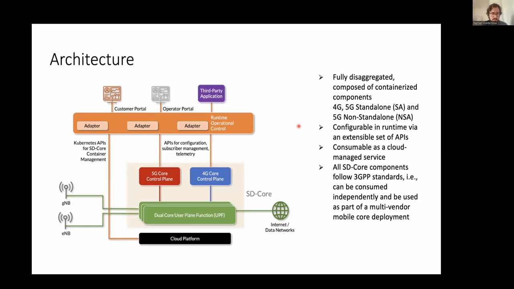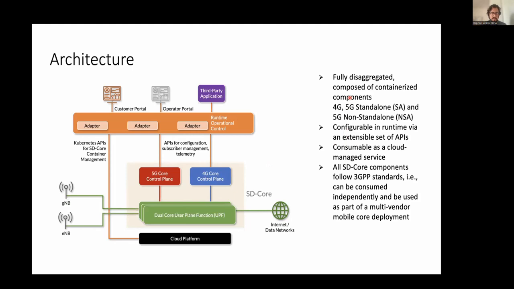It's important to mention that the northbound application of the SD Core project allows the settings of the cores to be configured at runtime via an extensible set of APIs. Think here, for example, of network slices in the case of 5G. The goal of this project is that they can be consumed because they're fully programmable at runtime.